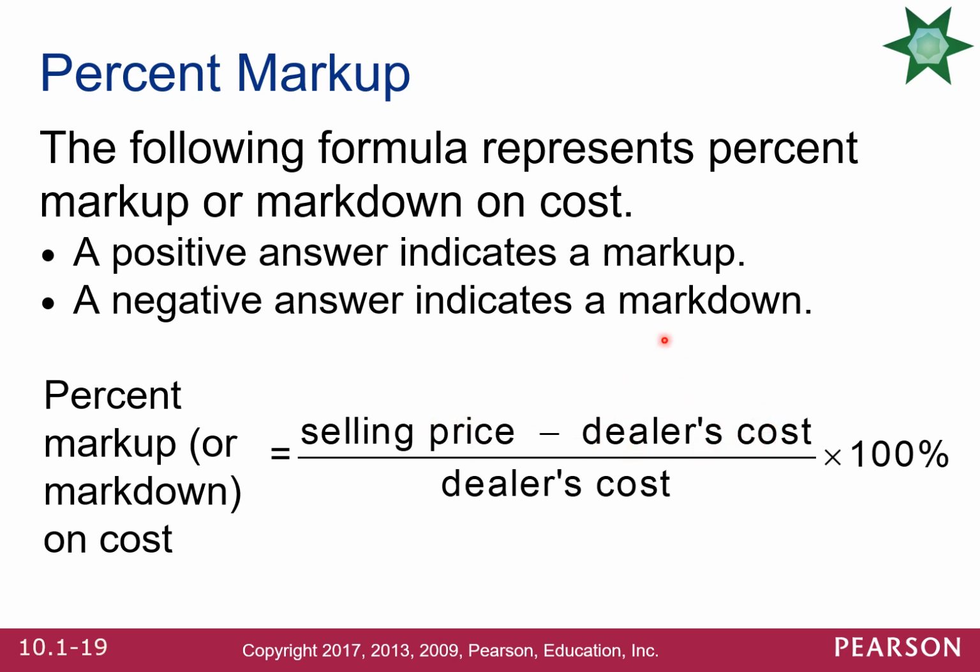So what you sell an item for minus what you bought it for, divided by the price you bought it for, so the dealer's cost. So selling price minus cost price over cost price, and then you multiply by 100 to write it in percentage form. All right, so that's what percent markup is about.